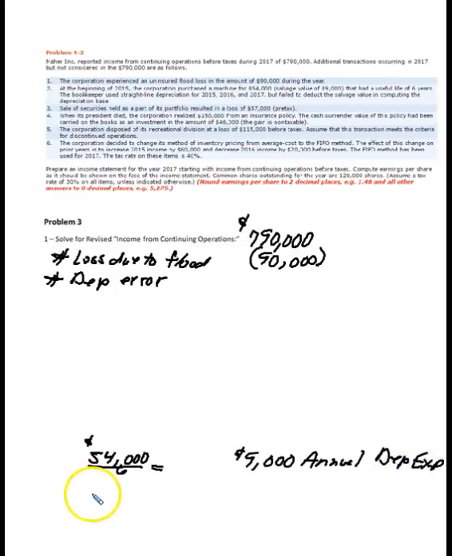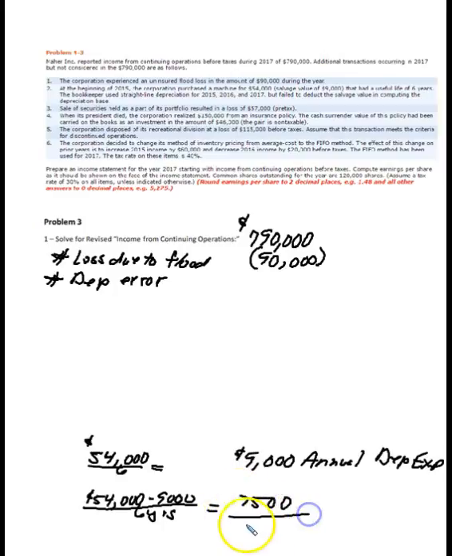What they should have done was take the $54,000 and subtract the $9,000 salvage, and then divide that by 6 years. If you do that, you're going to get $7,500 as our annual depreciation expense.